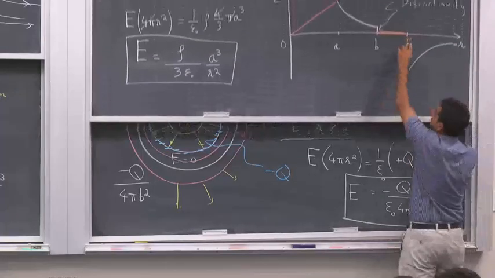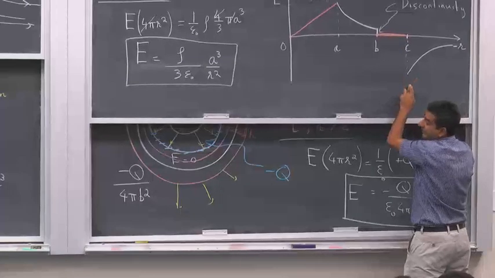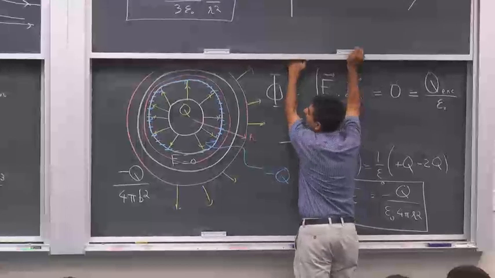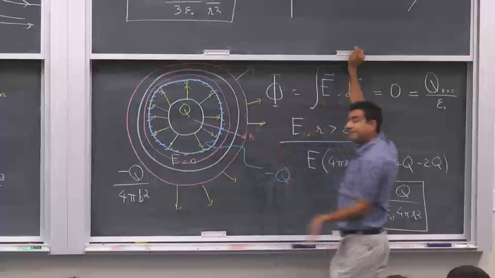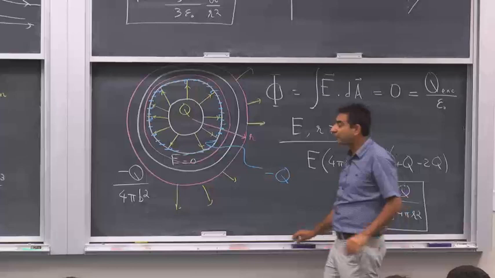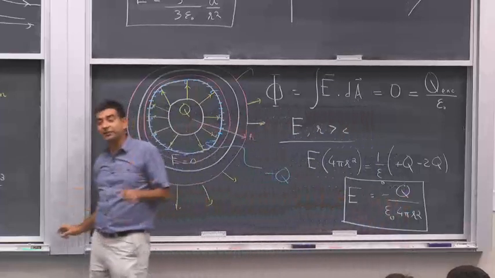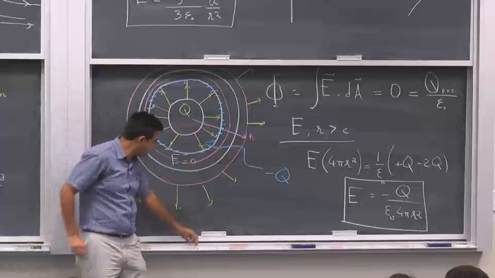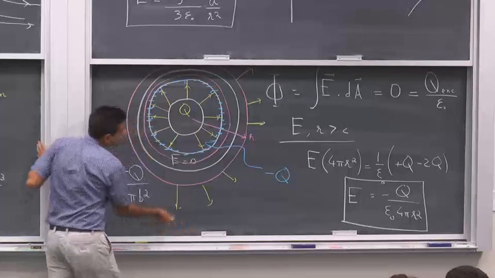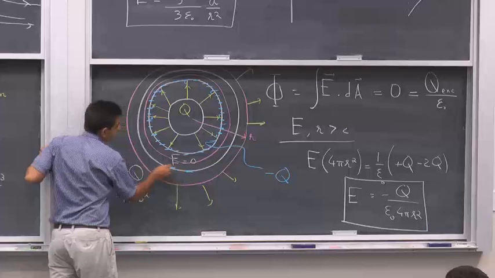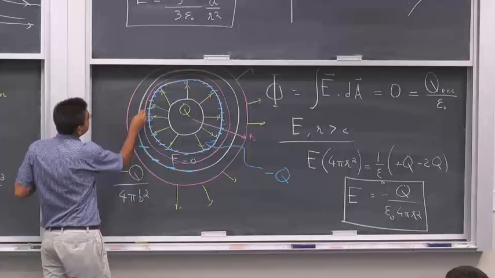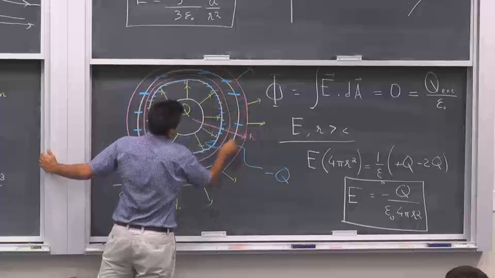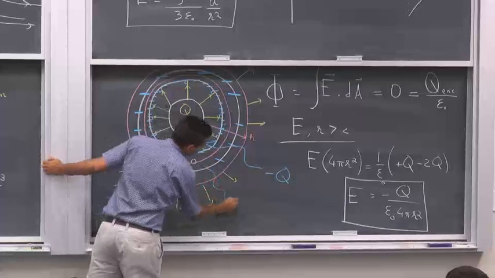Once again there's a discontinuity here. And mind you, there's a discontinuity because on the outer surface of this metal ring there is a surface charge. What's the amount of that surface charge? Minus q. Because there's minus q on the inner surface, there has to be minus q on the outer surface, so that the total net charge on the metallic ring is minus 2q.